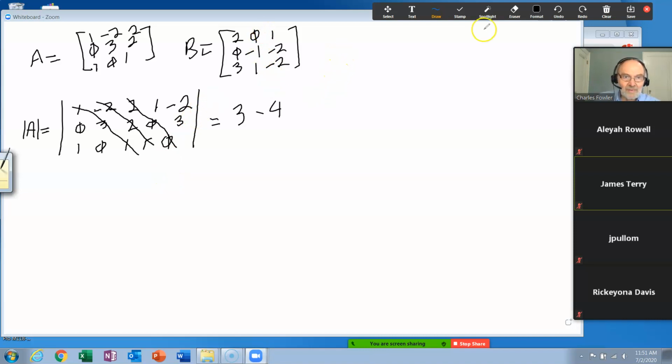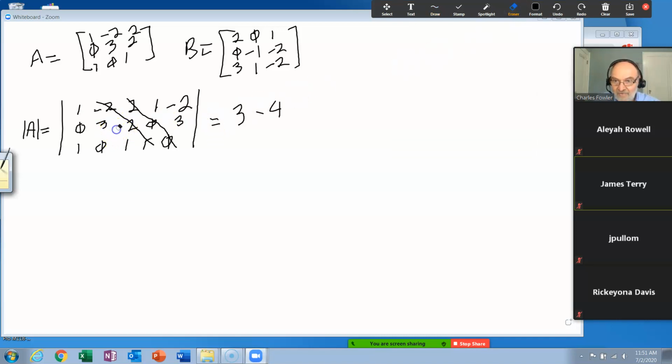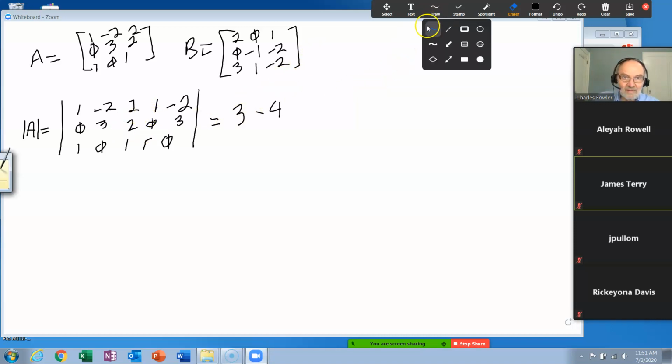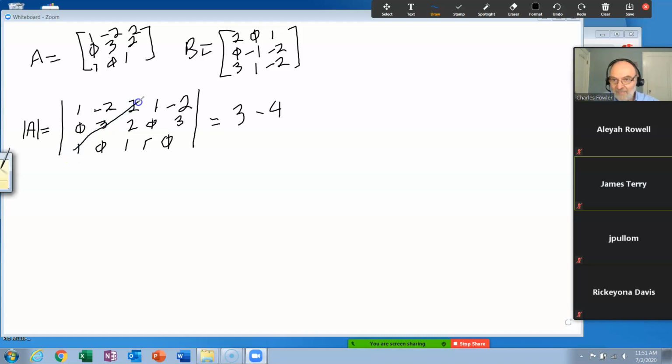Okay? Now, I'm going to come up here, get my eraser, and erase these construction lines here just because they get in the way. Okay. Now, let's do our up diagonals. Remember, we always subtract the up diagonals. That's a -6, 0, 0.